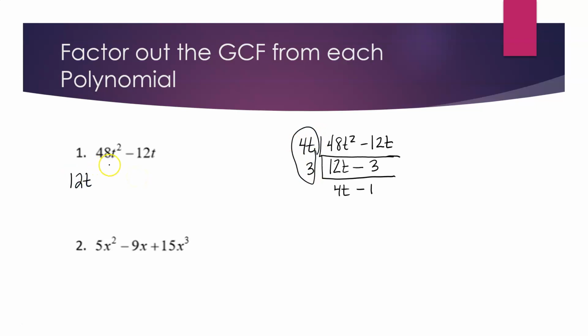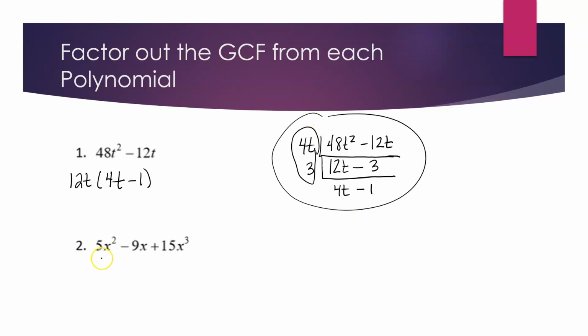If we divide 48t squared by 12t, you end up with 4t, and negative 12t divided by 12t is negative 1. So you are going to pull out whatever they have in common, and eventually you can leave this whole step away if you can see it.